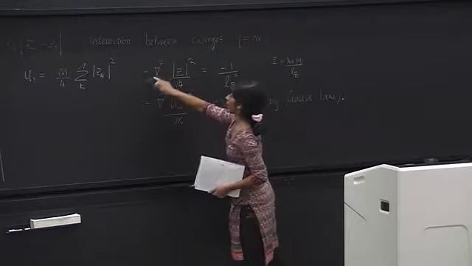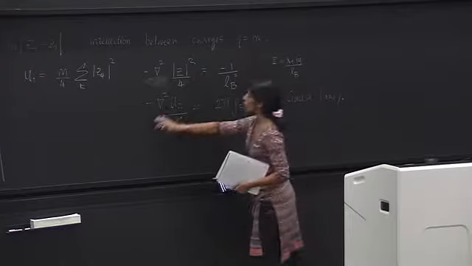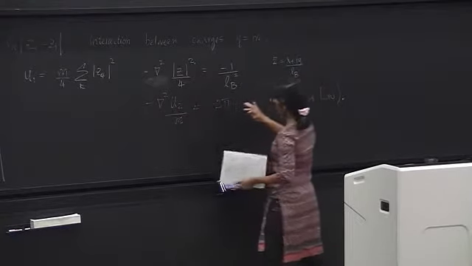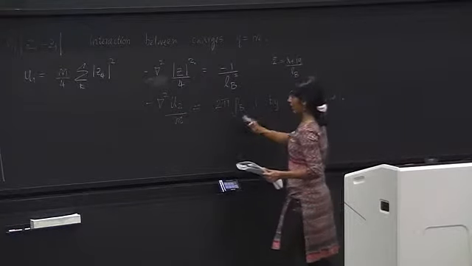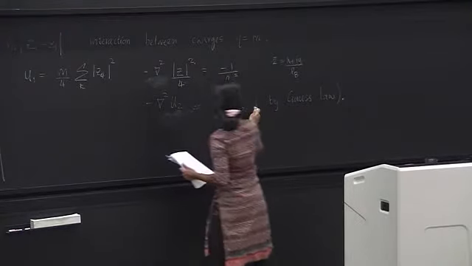So I have this formula that the Laplacian of mod z squared over 4 gives me some number, but I also know in 2D that the Laplacian of the potential gives me a charge density in the area.